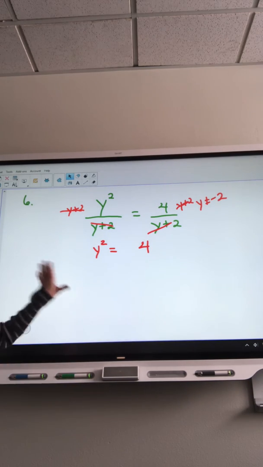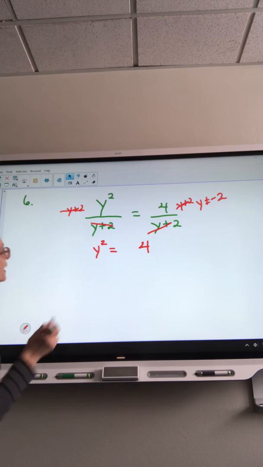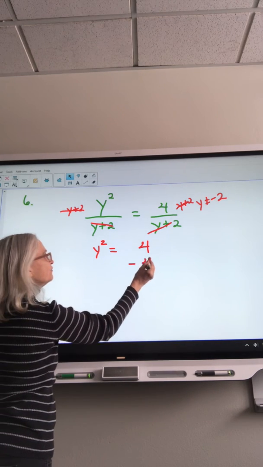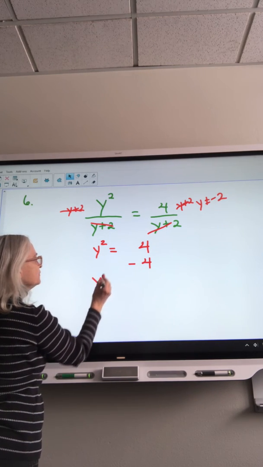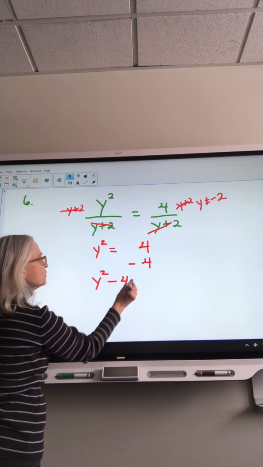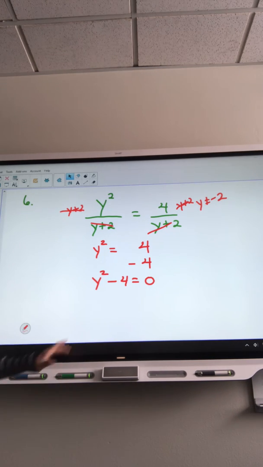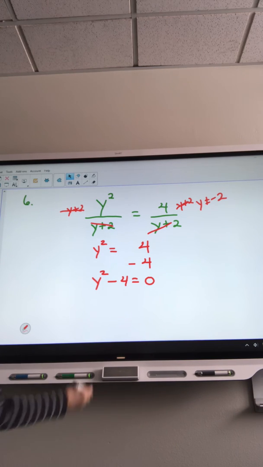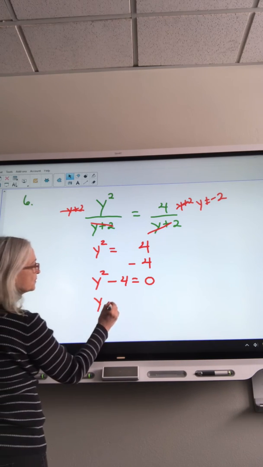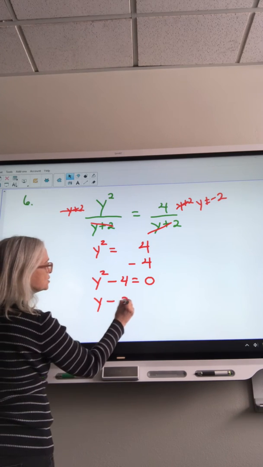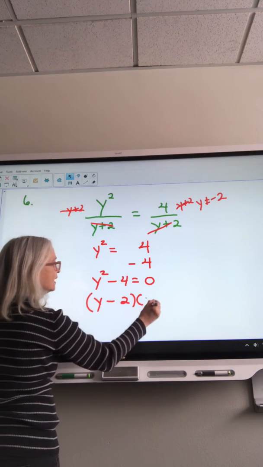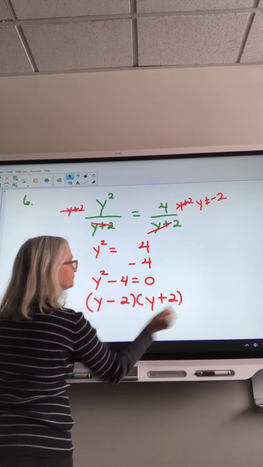And so I'm looking ahead, and I noticed that if the 4 were on the other side, then it would be y squared minus 4 is equal to 0, which is factorable as a difference of squares. And so I'm going to factor it to solve. So I'm going to have y minus 2 and y plus 2.